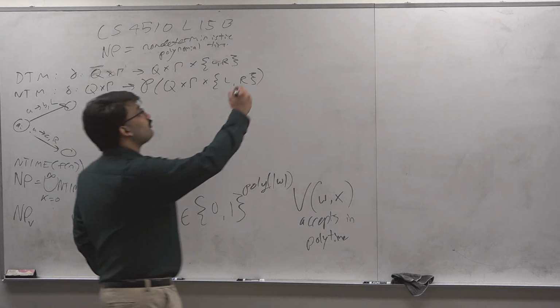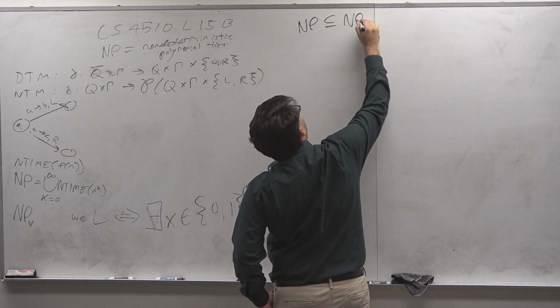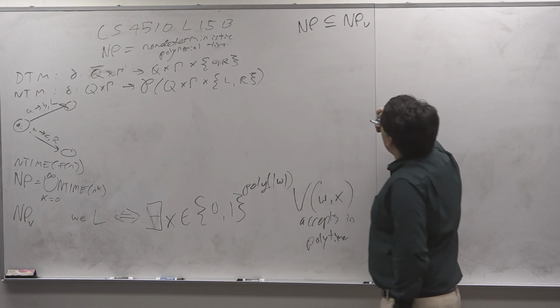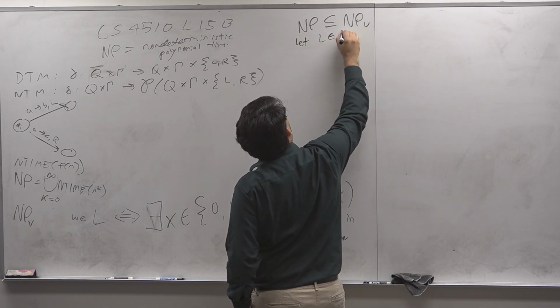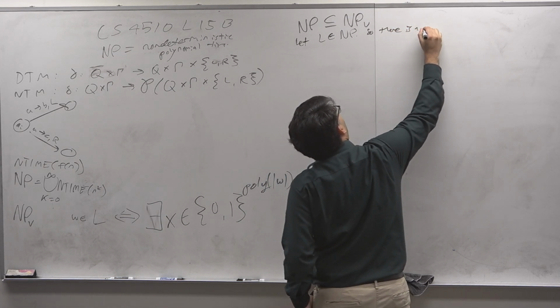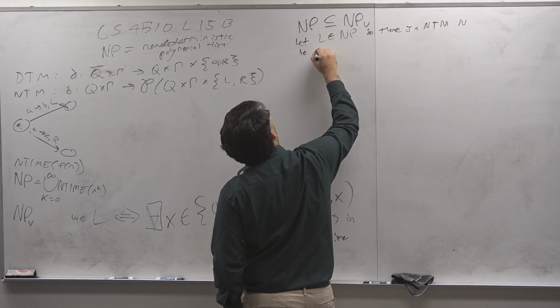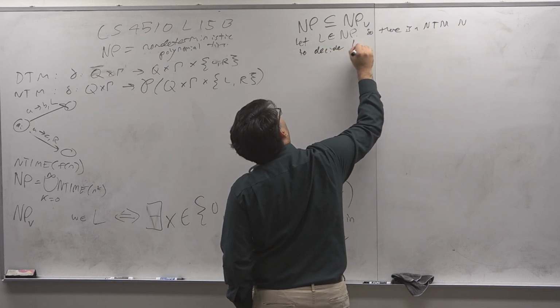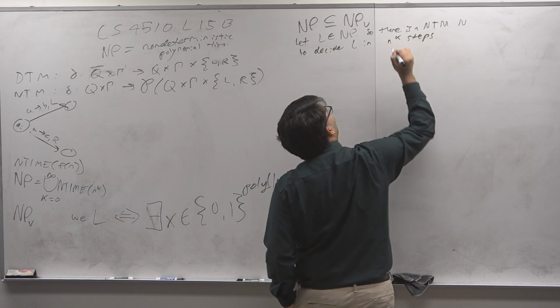Yeah. We prove NP is a subset of NPV. So let L be an NP. So there is an NTM, let's say N, to decide L in n to the k steps on all inputs of size n, right?